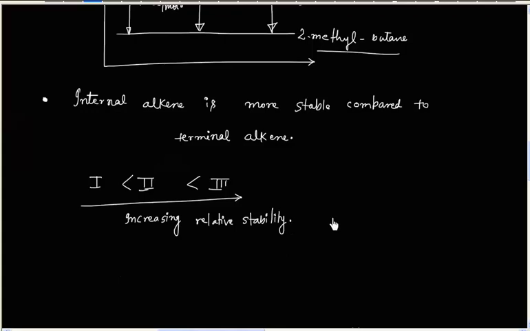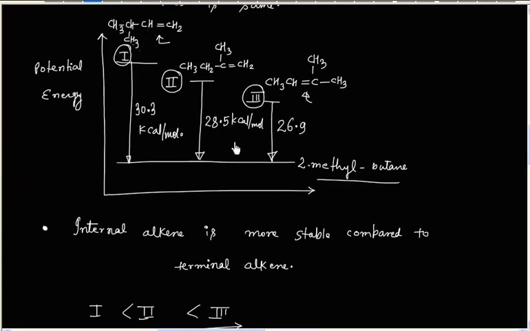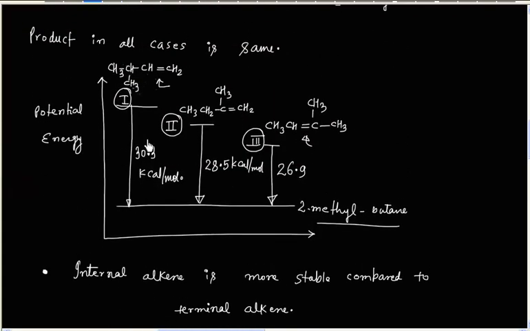One important observation we can make: this alkene is an example of monosubstituted alkene. This is an example of disubstituted alkene, and this is an example of trisubstituted because we have 3 alkyl groups attached. So this is 1, this is 2 and this side we have a CH3. So this is a trisubstituted alkene. This is a disubstituted and this one is a monosubstituted alkene.